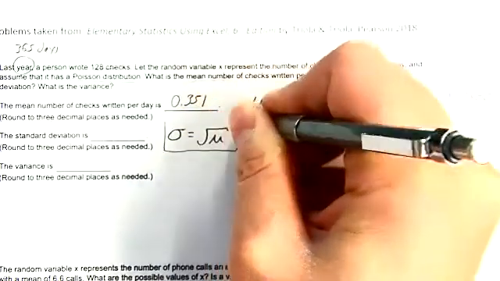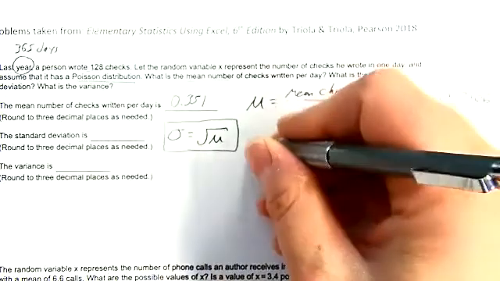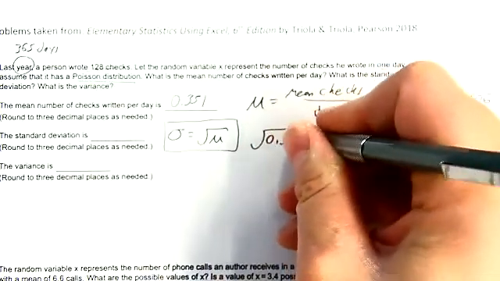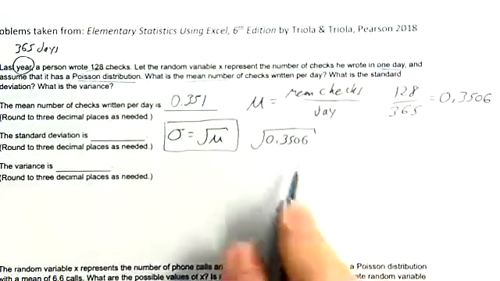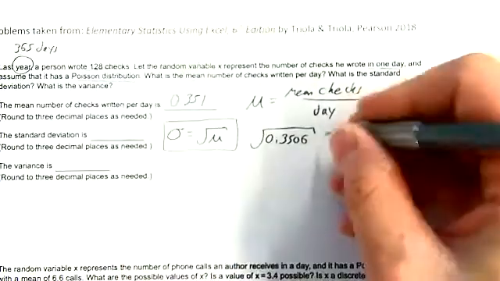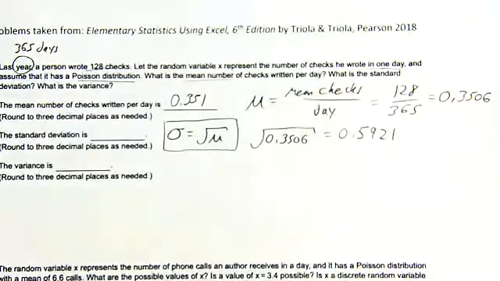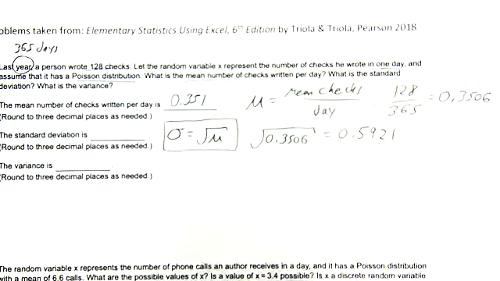So this is only for Poisson. So you would take the square root of the answer we just got. I would do this with the unrounded number, so the 0.3506, not the 0.351, and you will get 0.5921. Rounded to 3 decimals, we'll call it 0.592.